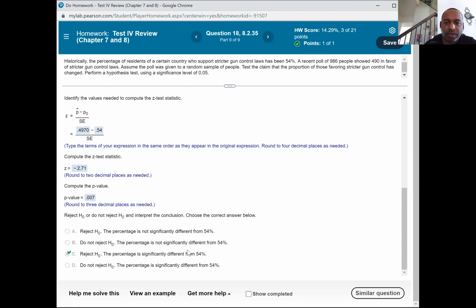The percentage is significantly different from 54%. And we're talking about the percentage of your p hat. P hat was enough of a difference that all the stuff made us come to the conclusion that we came to with our numbers and everything.